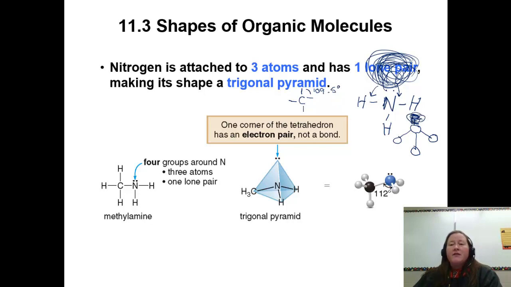There is a billowy set of electrons there that is putting that downward force, so this bond angle is less than 109.5 degrees. I am not positive of the actual bond angle, but it doesn't even really matter.